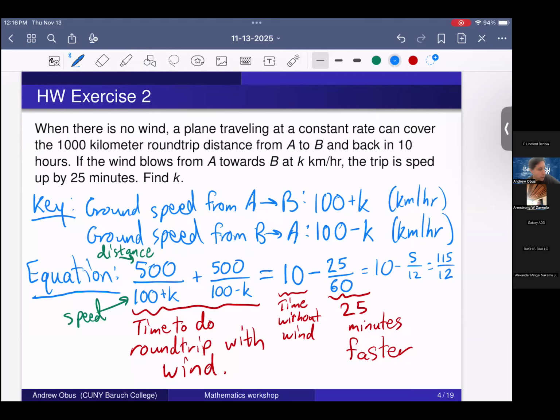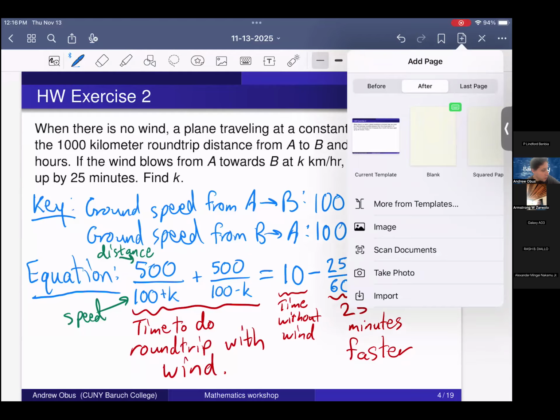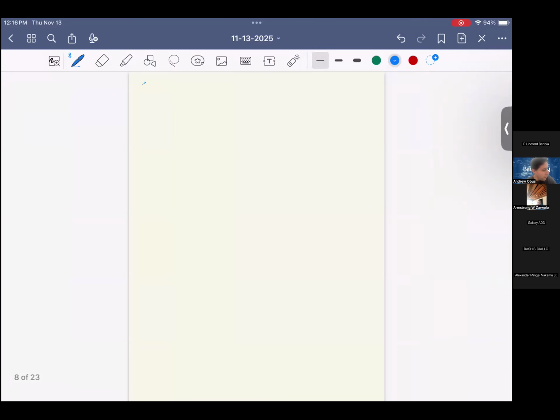Okay. All right, so let me write the equation on the next page. So we have 500 over 100 plus k plus 500 over 100 minus k equals, what do we have? 115 divided by 12.